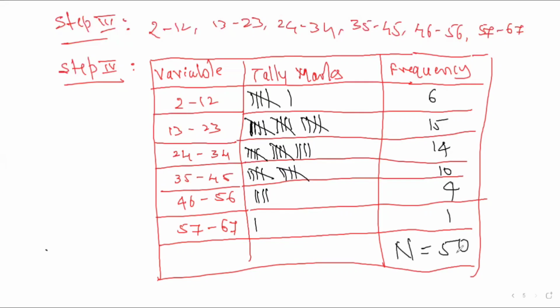So this is the second kind of example on continuous frequency distribution. So now we have got continuous frequency distribution as well as the examples on it.